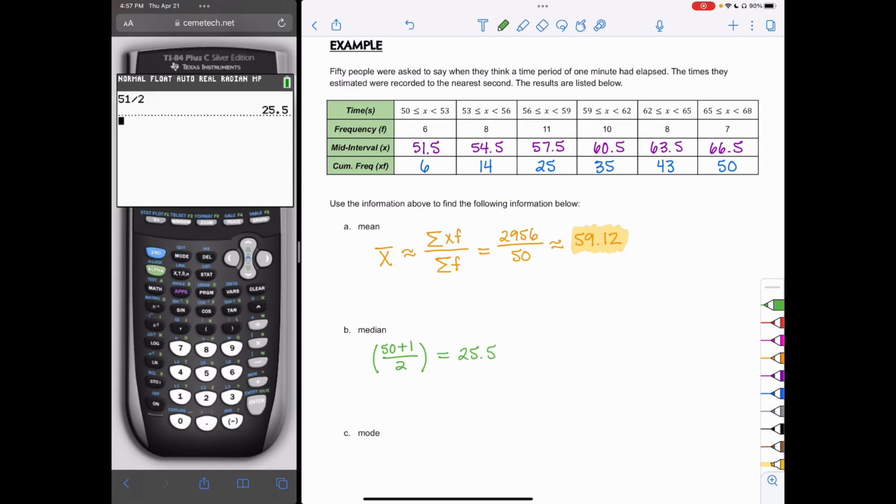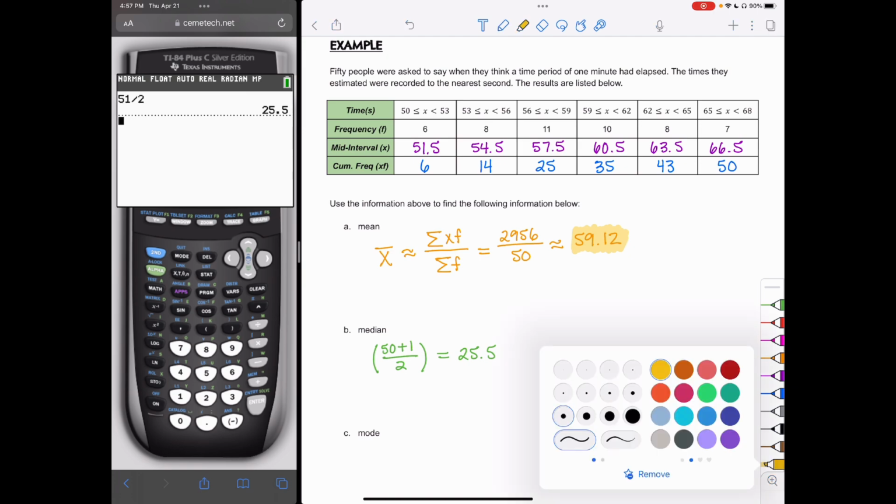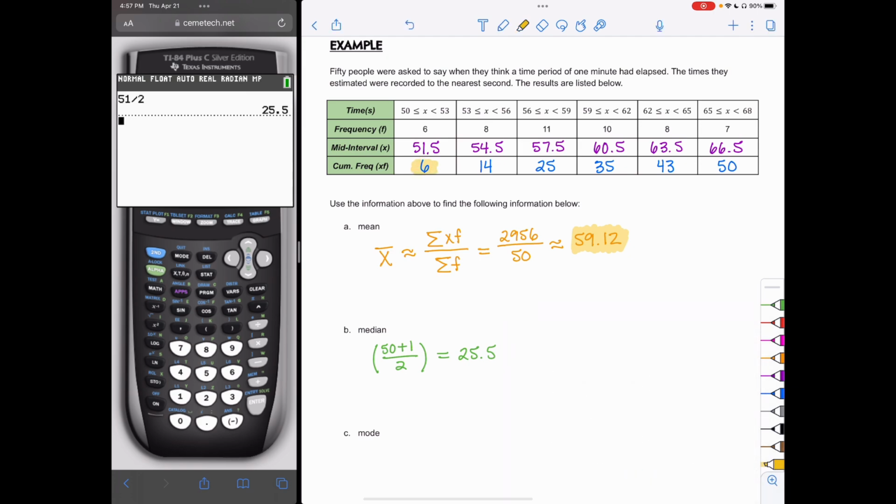All right. So if we look at our cumulative frequency here, we start off with 6 terms, and then it increases by 8 to give us a total of 14, and then it increases by 11 to give us a total of 25 terms. I know that 25.5 is halfway in between 25 and 26.